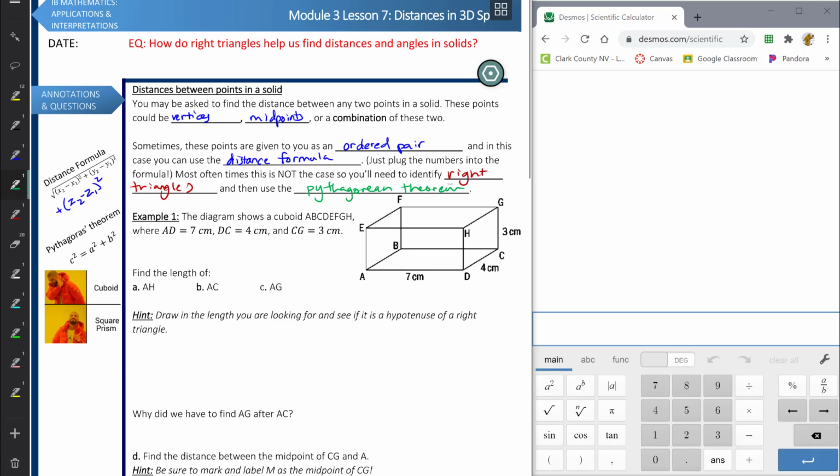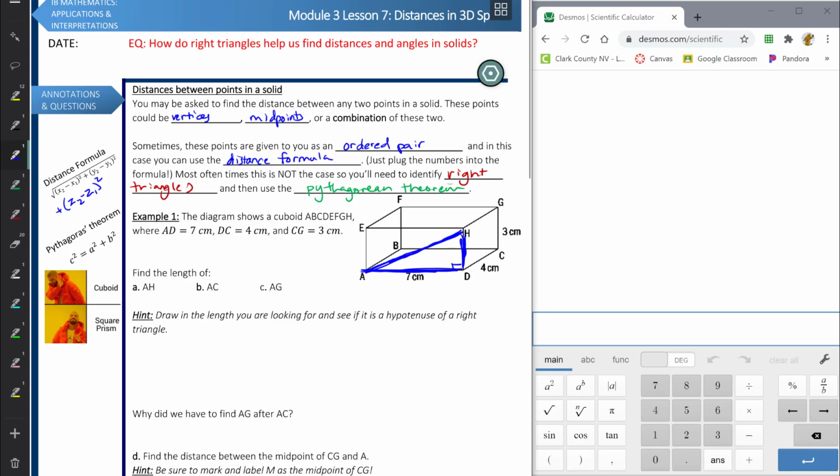The diagram shows a cuboid or a rectangular prism to the right, A, B, C, D, E, F, G, H, and we want to find the length of a few of these things. First one's going to be super easy, right? AH, there shouldn't be any problem with that because we can recognize there's a diagonal connecting those two. They're on the same face, and we can make ourselves a nice right triangle doing that.